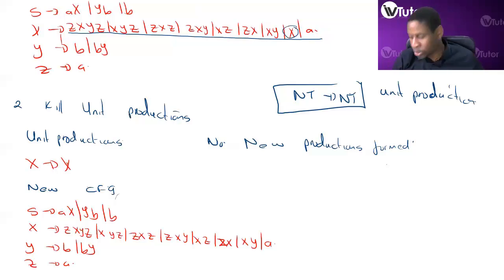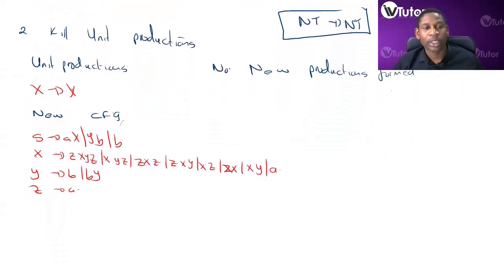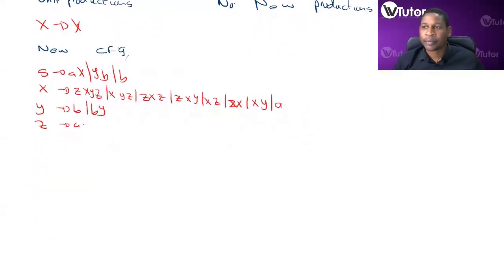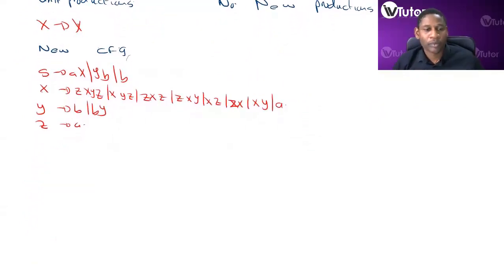Next, we now need to convert to Chomsky normal form. We're going to do this in two steps.